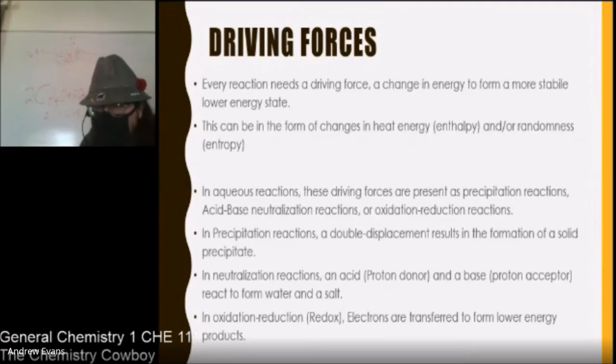Now, this driving force could be a change in energy, which we'll talk about in later chapters: enthalpy, the energy of reaction. But it also could be a change in randomness, or entropy, which will come about next semester. Basically, it's going to make things a little bit more chaotic.